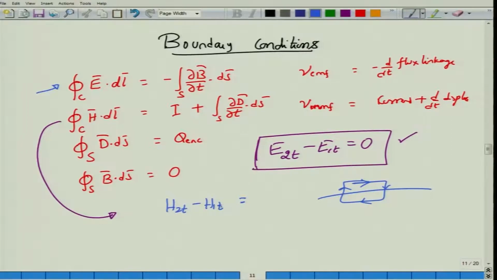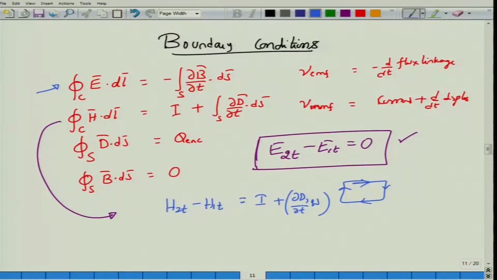So I get H2t minus H1t, and then whatever current must be coming out of this particular plane, plus del D perpendicular by del T times LW. So H2t into L, H1t into L must be equal to the current plus this term. Now when I divide both sides by L, the L component goes away, and then you have del D1 by del T into W.